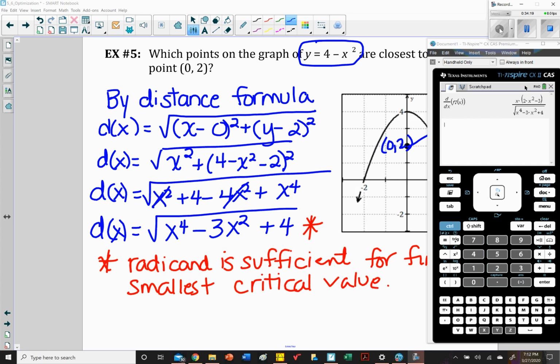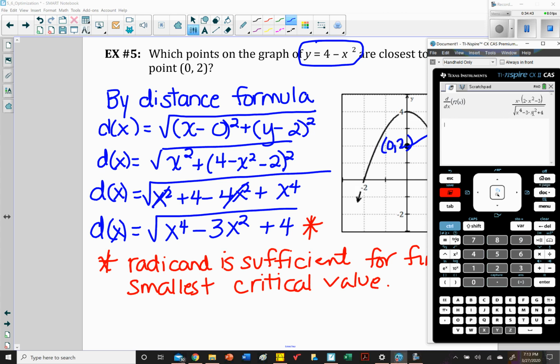So here on my calculator, you notice how I've taken the derivative of the function itself, put the entire square root using the distance formula into the graph. And on the scratch pad, I took the derivative. This is the reason I said that the radicand is sufficient, because it's down here in the denominator.